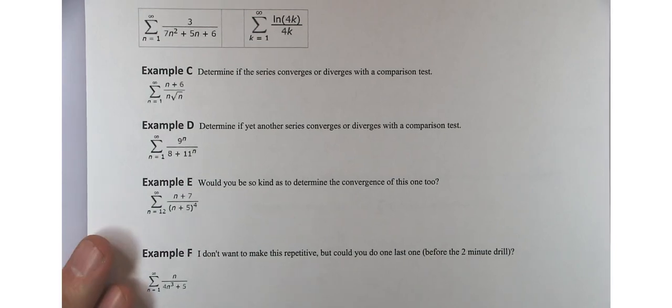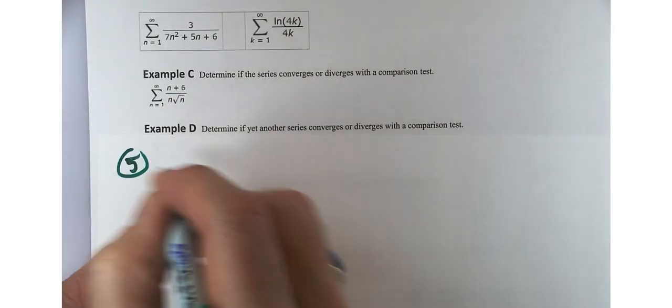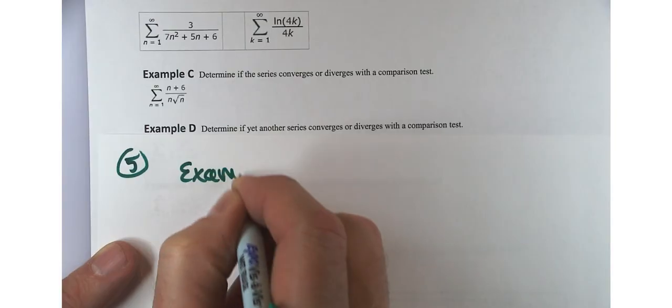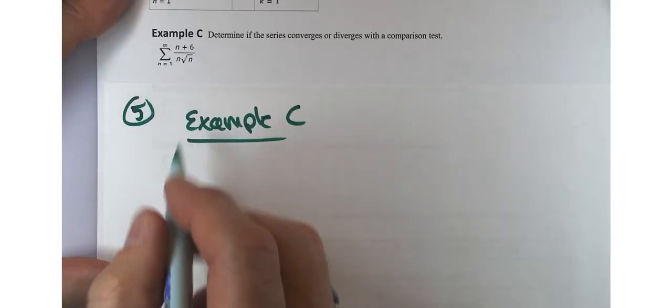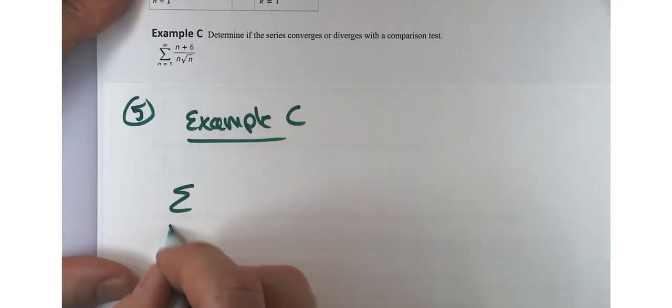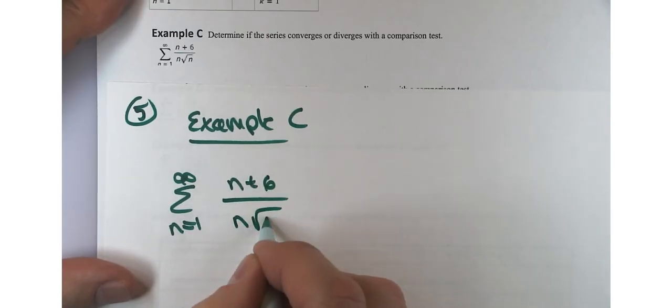When I look at example C here, I look past the finite number of 6, sum from n equals 1 to infinity of n plus 6 over n times the square root of n.